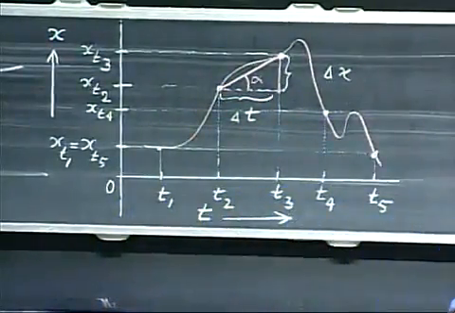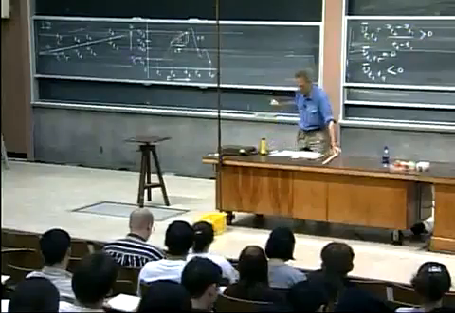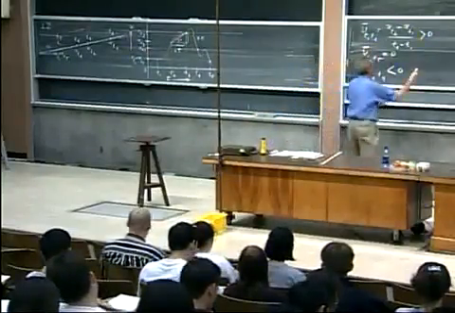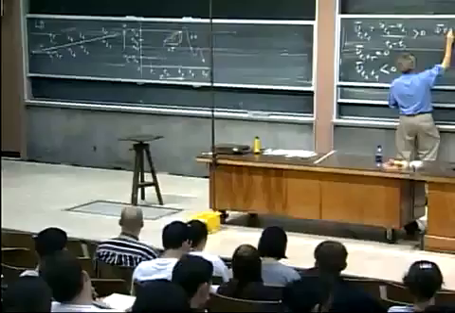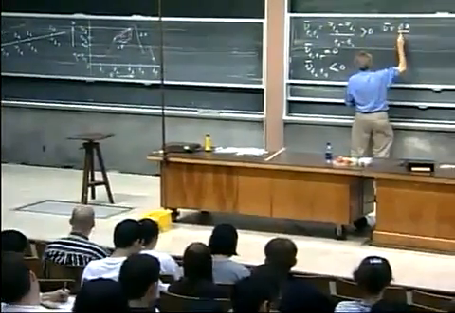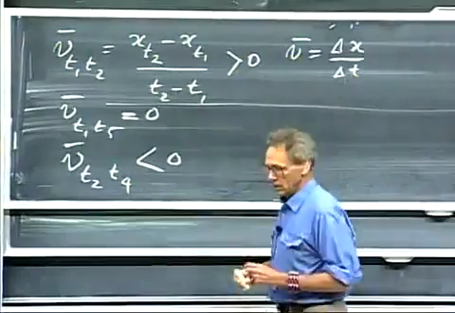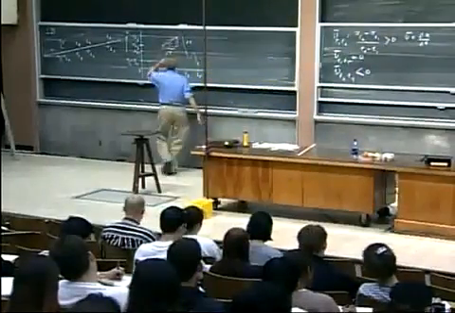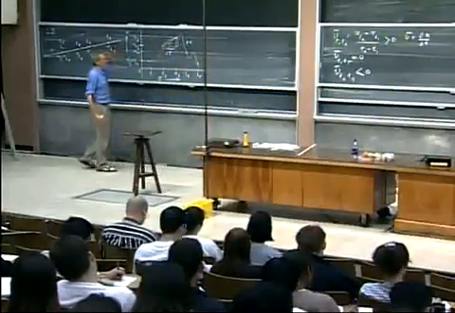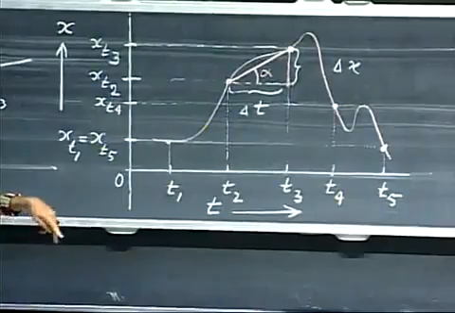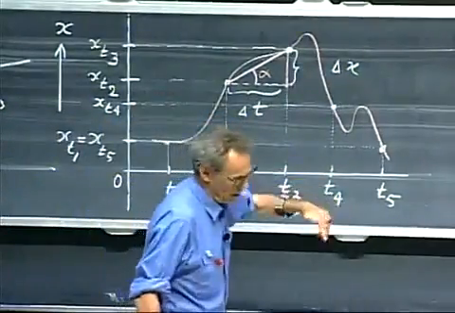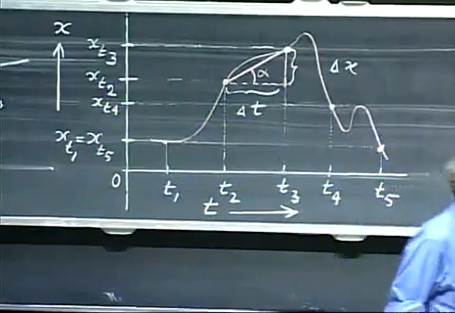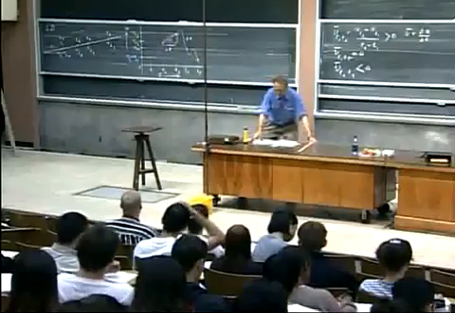And so you could write now, if you're careful about your sign convention, you could write down now that the average velocity equals delta x divided by delta t. But be careful, if the angle is positive, I call this a positive angle, then the average velocity is positive. But if I have a negative angle, then the average velocity would be negative.